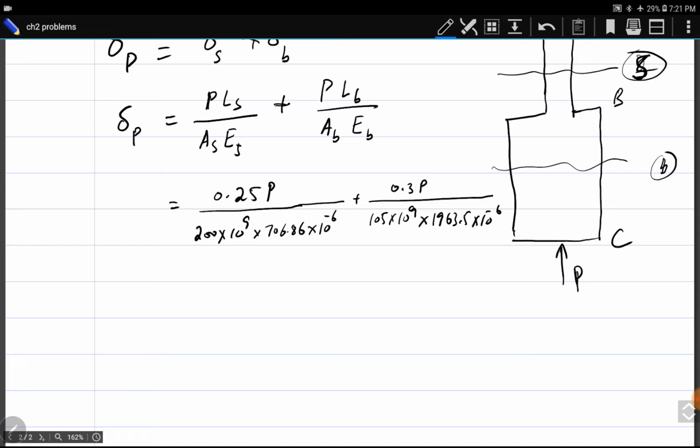The area has been calculated from the diameters. You can do it by yourself. Diameters of both the rods are given.